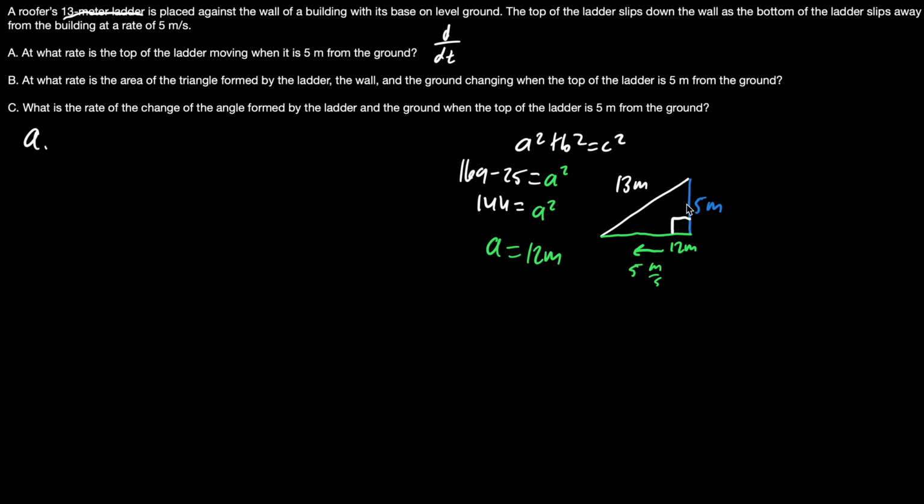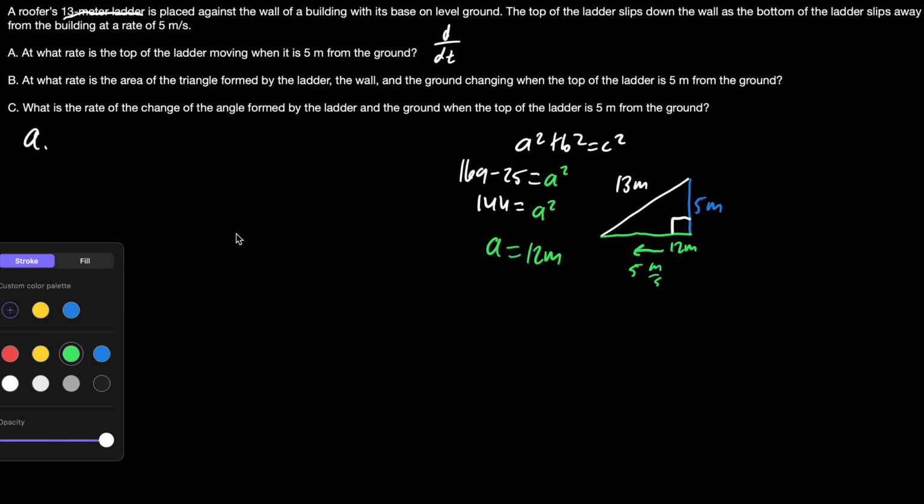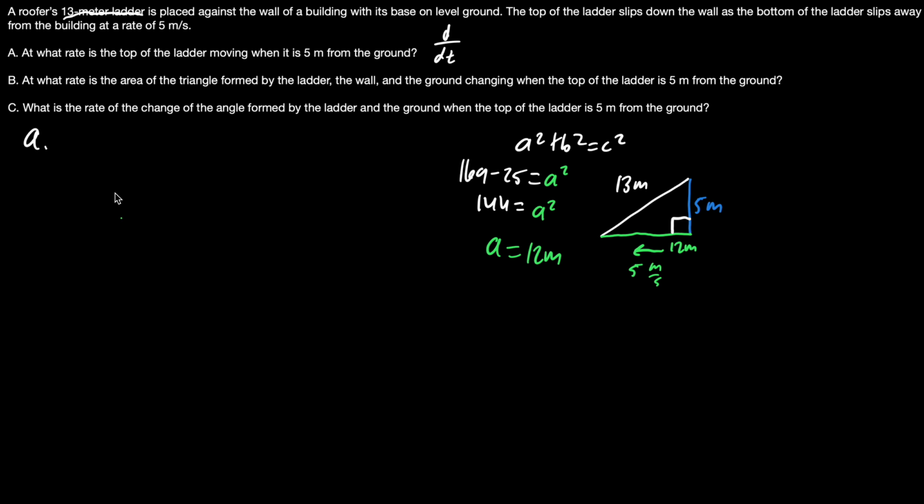So our next step is to write down an equation that represents our situation. We can use the Pythagorean theorem again. So we have a squared plus b squared is equal to c squared.